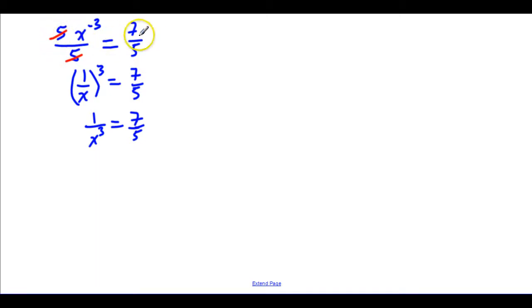And so in the same way that up here I divided both sides by 5 to eliminate the 5, I can multiply both sides here by x cubed, and the x cubes will divide out on the one side and be left only on the other side in the numerator. So I'm going to take the 1 over x cubed and again multiply both sides by that same x cubed.